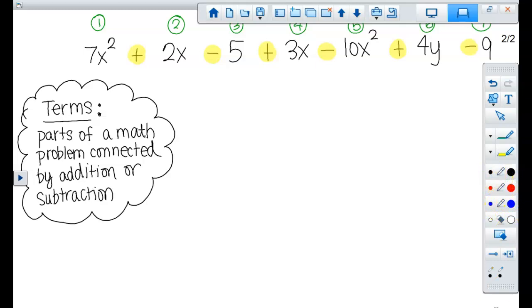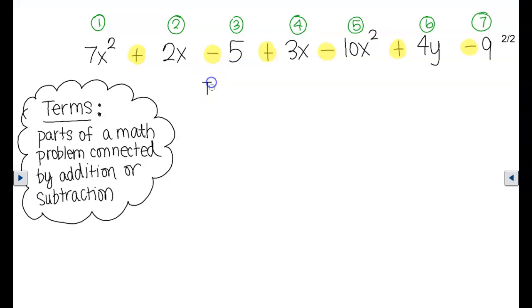So, here's what I think I'll do with this. I think that I will make myself a little chart here. Now, I want you, as I list these terms in my chart, to listen carefully to what I'm saying about them, okay? This 7x squared that I see up front is my very first term.